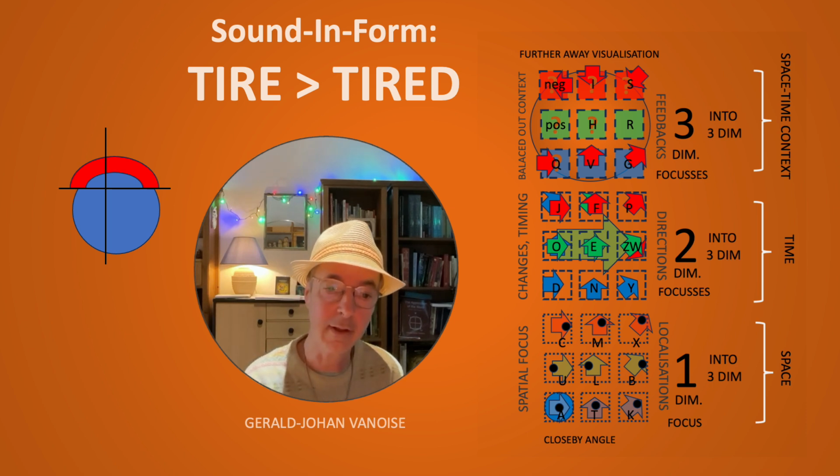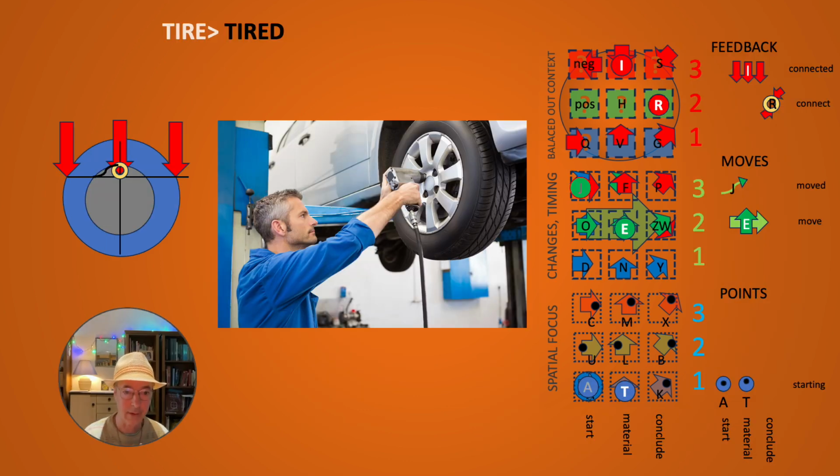But I immediately will show you the result of tire. The tire is actually the wheel, what is around the wheel, which, as you can see, is attached to the wheel, and that's actually what it is also a reference to.